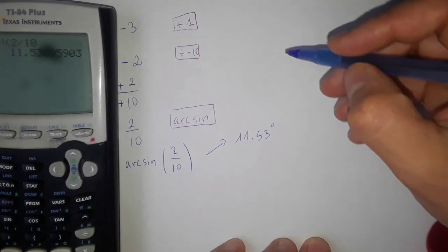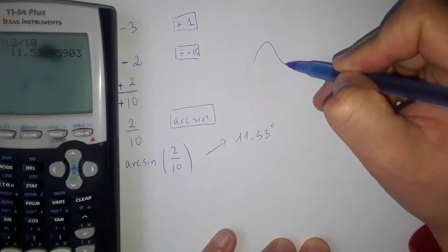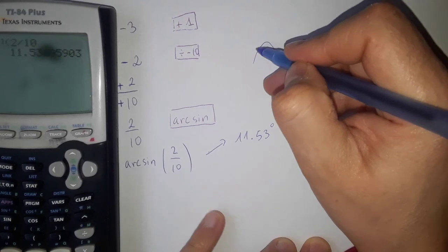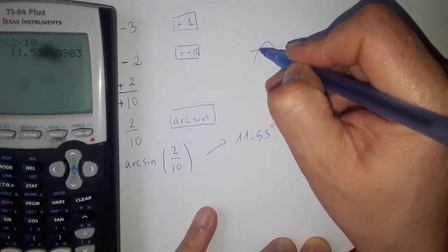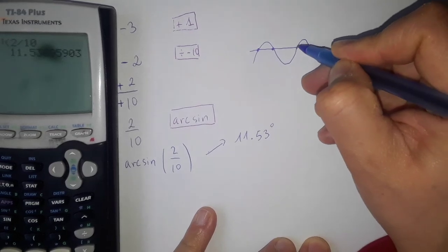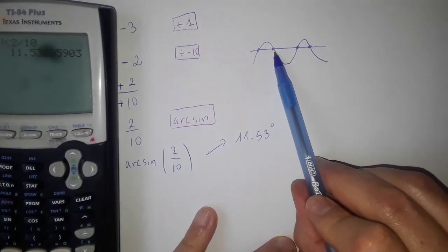Okay. Now we usually know that we have two solutions, right? Because if we think of a sine function, it behaves like this. So when a line crosses, we know that we always have two sets of solutions. So this one might be this one, right?